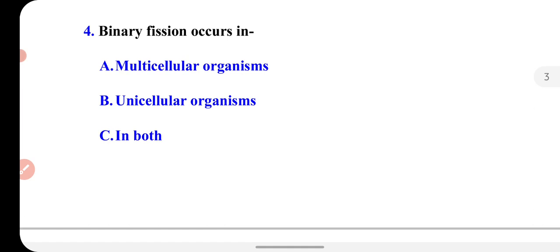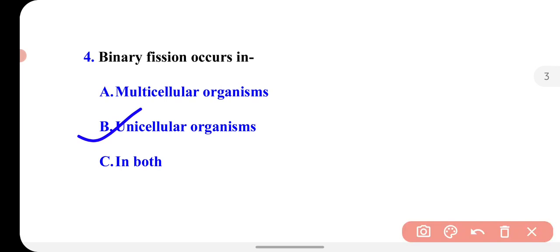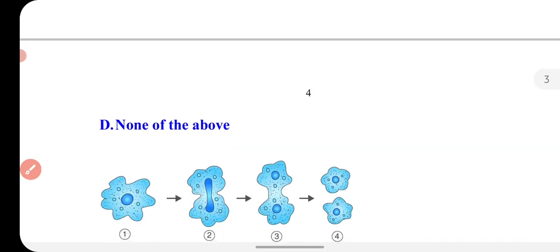Next question is: binary fission occurs in multicellular organisms, unicellular organisms, or in both? Binary fission is a kind of asexual reproduction in which the parent cell divides into two equal halves. So binary fission occurs in unicellular organisms only. It doesn't occur in multicellular organisms, because in this process a single cell is divided into two equal daughter cells.